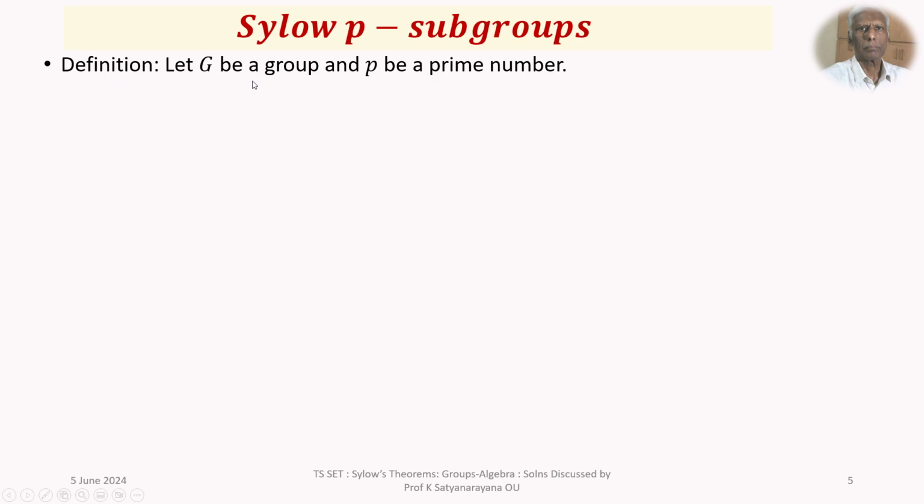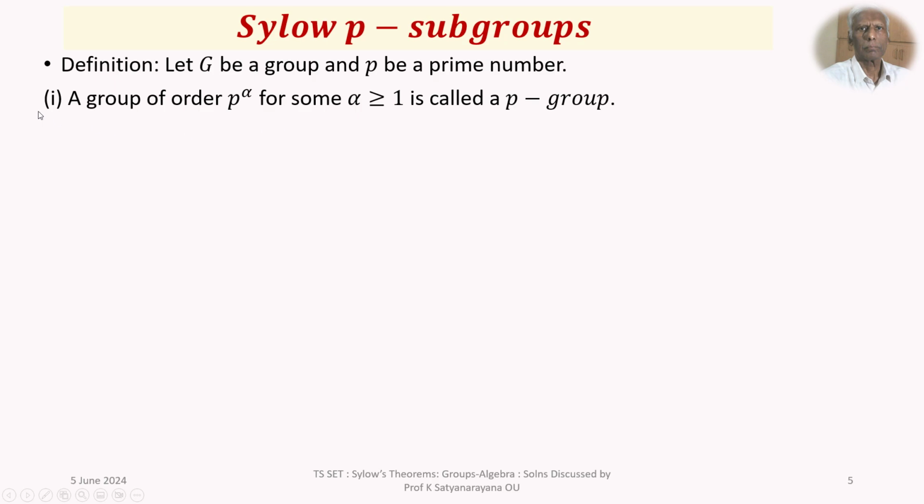Let G be a group, p be a prime number. A group of order p to the power of alpha for some natural number alpha greater than or equal to 1 is called a p group.